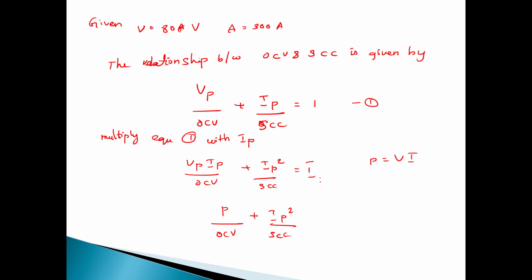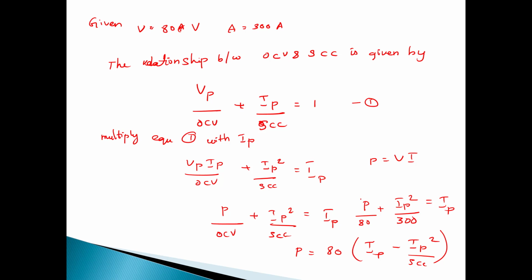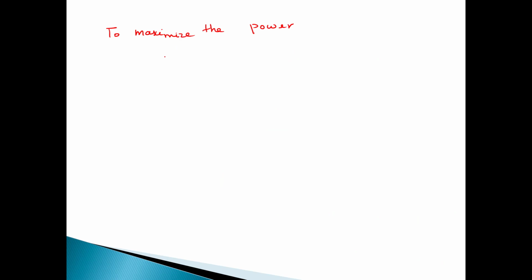Here it will become 80 into I minus I squared by 300 equals P. We have to substitute it. To maximize the power, we have two conditions: dP by dI equals 0 and d squared P by dI squared is less than 0.